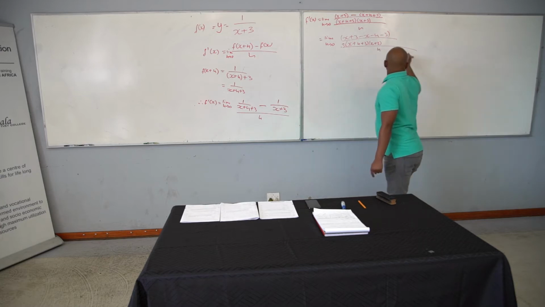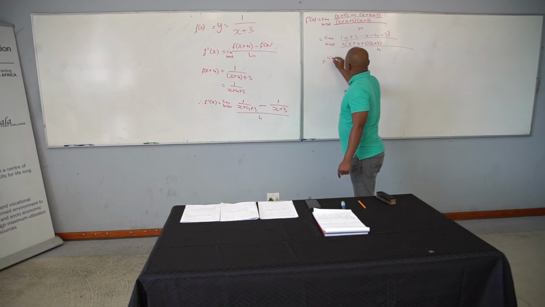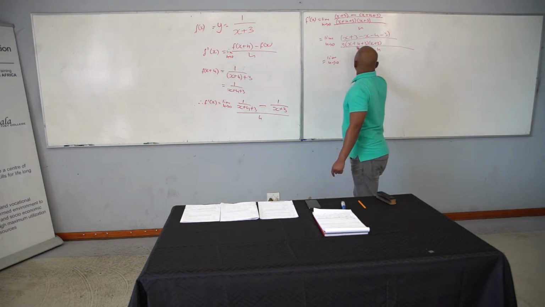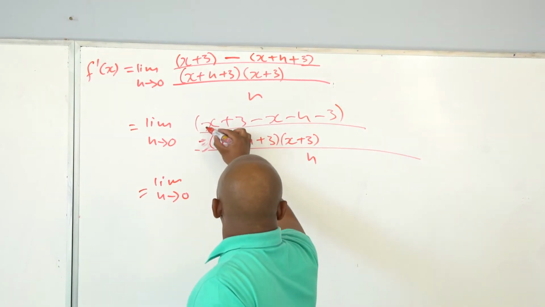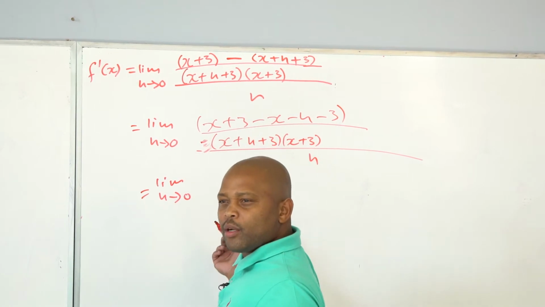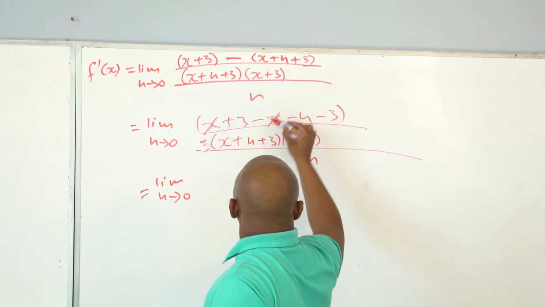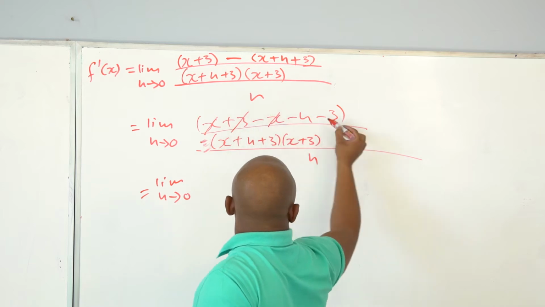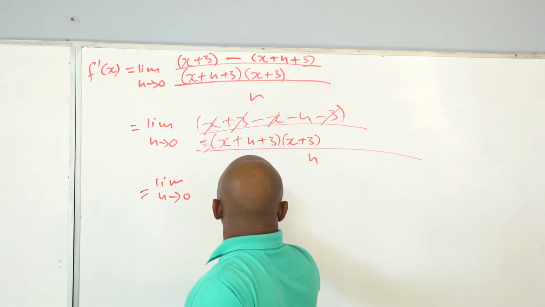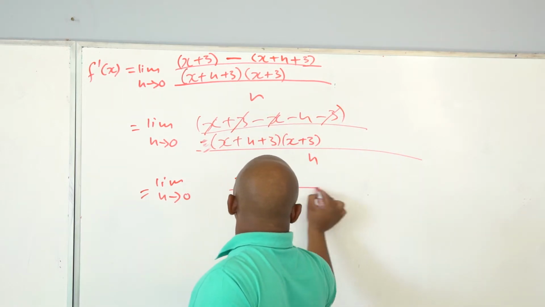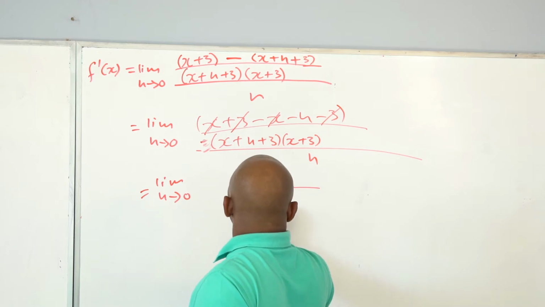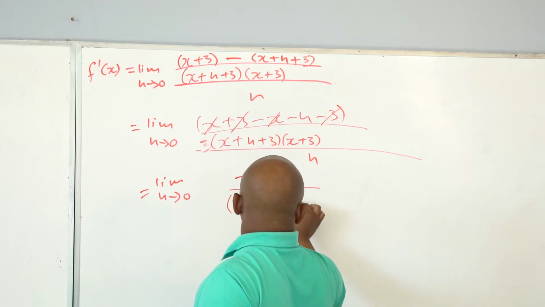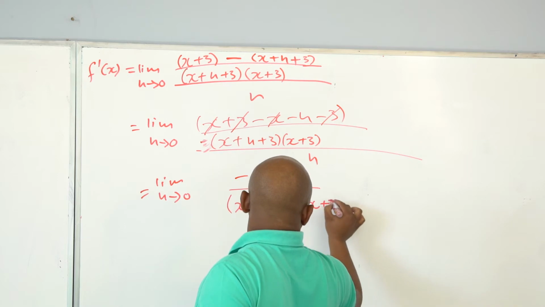This becomes limit as h approaches 0. This is the same as x minus x, it's going to be 0, right? So this will cancel this. Then 3 minus 3, this will cancel that. I'm going to be left with minus h, all over x plus h plus 3, x plus 3.